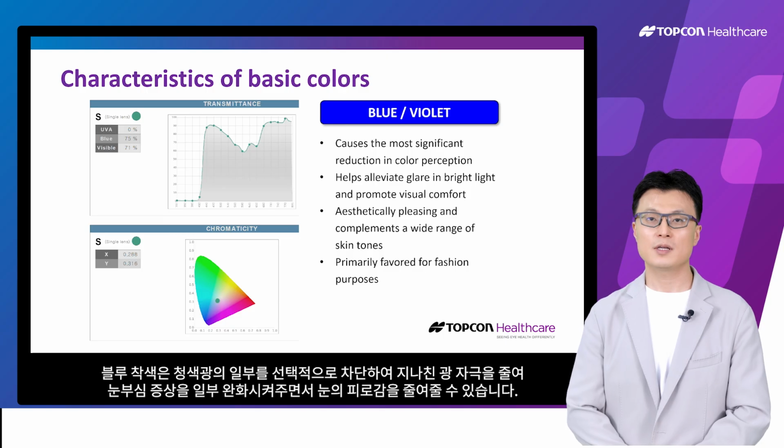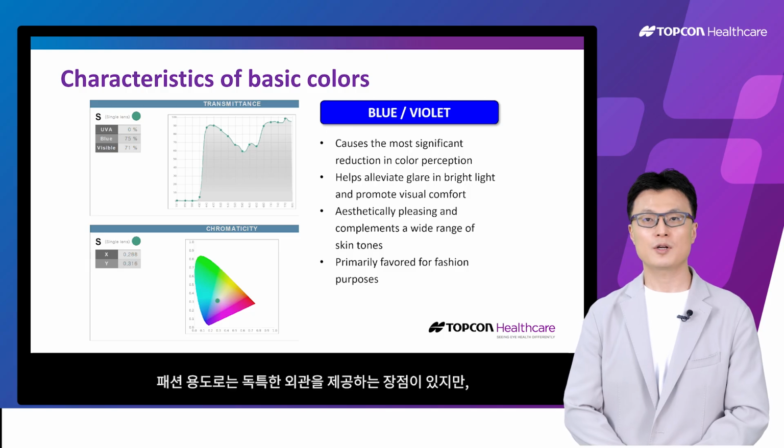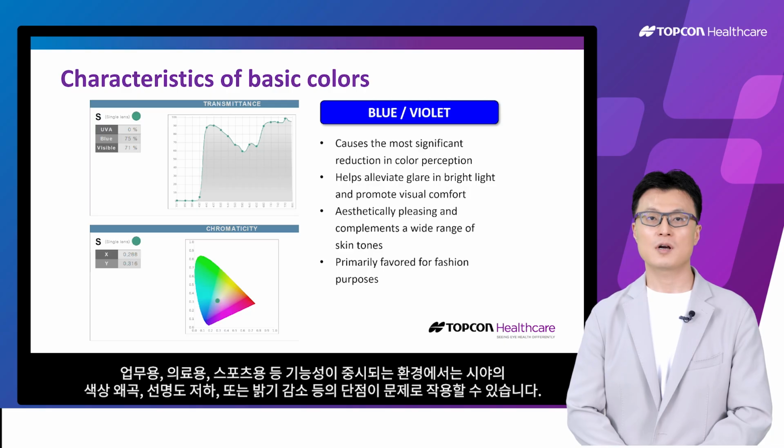By selectively reducing blue light, these lenses lessen excessive light stimulation, helping to alleviate glare and reduce eye strain. While they offer a unique look that's popular in fashion, their drawbacks such as color distortion, reduced clarity, or decreased brightness can be problematic in work, medical, or sports settings where functionality is key.